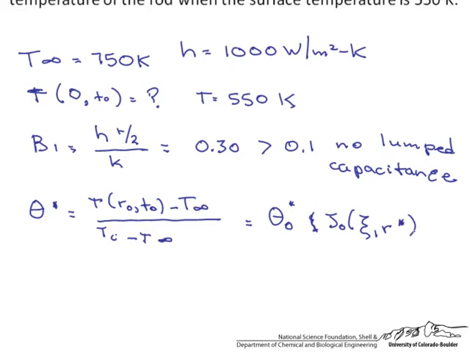So what we're really looking for is this T at r equals 0. And what that should be is theta star sub 0, which is equal to C1 exponential minus zeta 1 squared times the Fourier number.